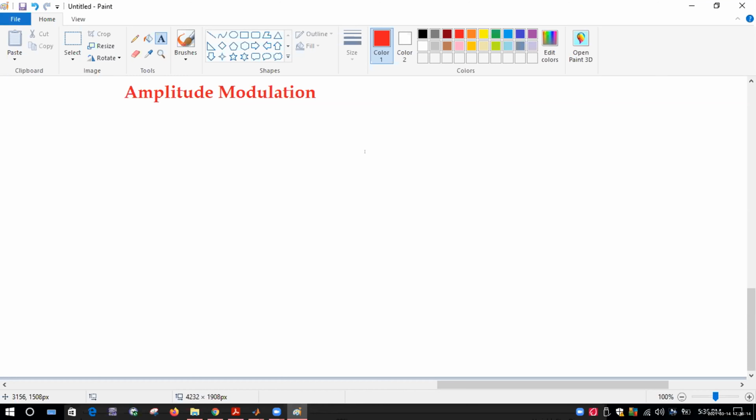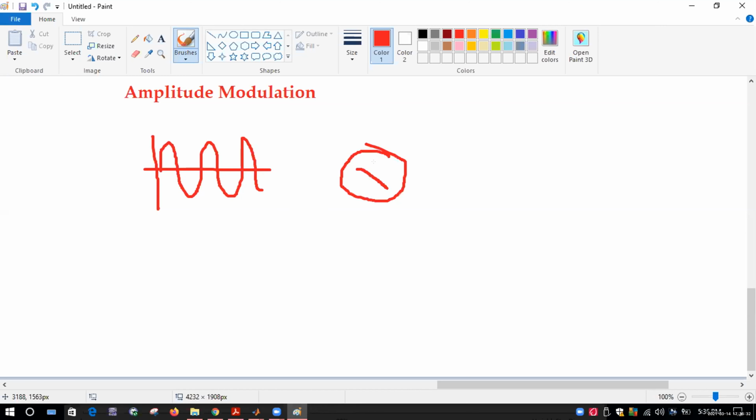That's modulation, right? We have an information signal like this. We send it to a mixer, and to the mixer we also send another signal which is called carrier.